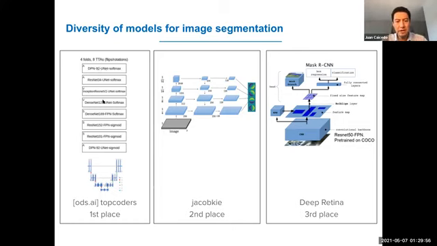And here are some of the names of those U-Nets based on ResNets, based on DenseNets, even based on Inception ResNets and things like that. So they have a wide range of different architectures in order to form the encoder and the decoder. And they trained all of them simultaneously. So this is a really large scale type of ensemble.